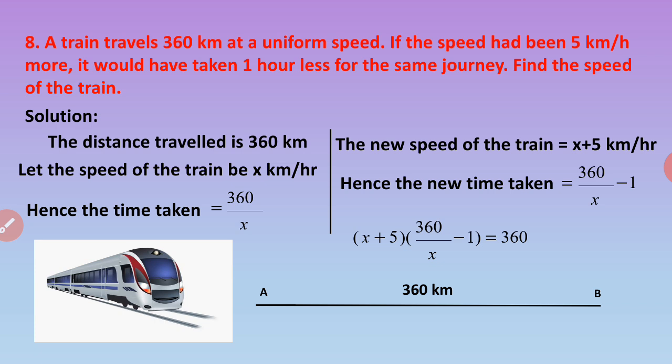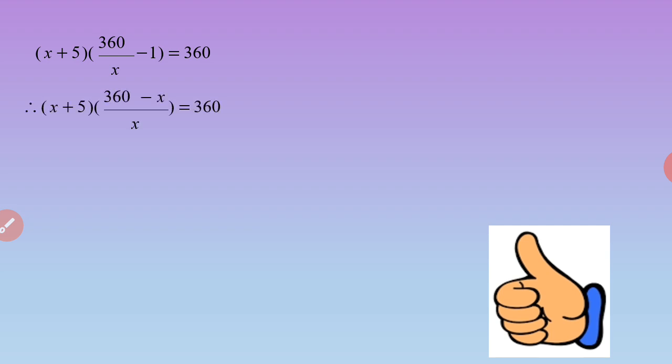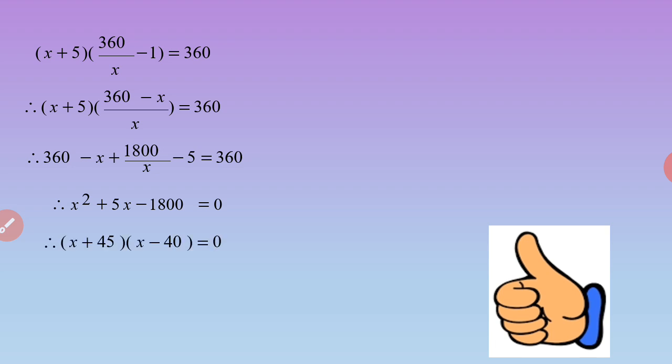Solve it. You by now know a lot about the methods of solving quadratic equations. Here you have two brackets, binomials. Open the brackets and get the quadratic equation. Once you get the quadratic equation, you will proceed solving it and you will get the solution. Now in this case, you get two brackets, (x plus 45)(x minus 40) equal to 0.